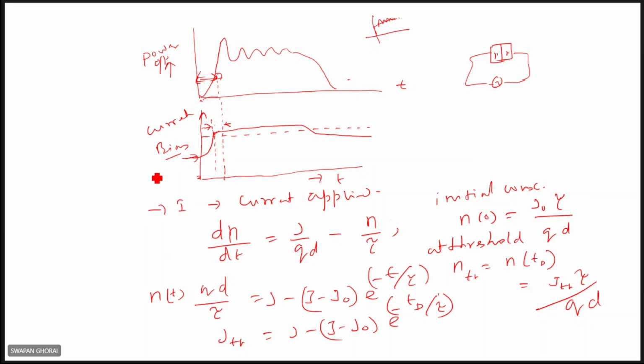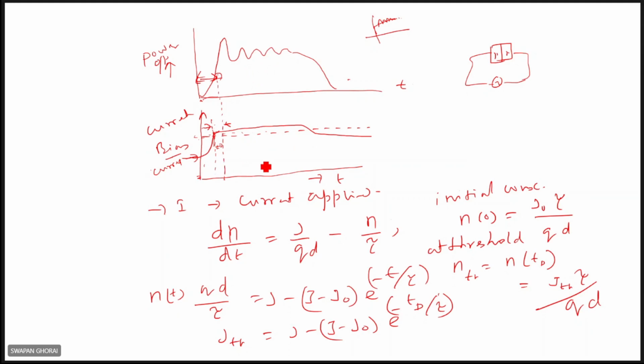If the bias current is very near the threshold level, then you can see this output curve, and this is now the time delay. So the time delay is now reduced because of the application of bias current. These spikes can also be minimized if you apply the bias current.